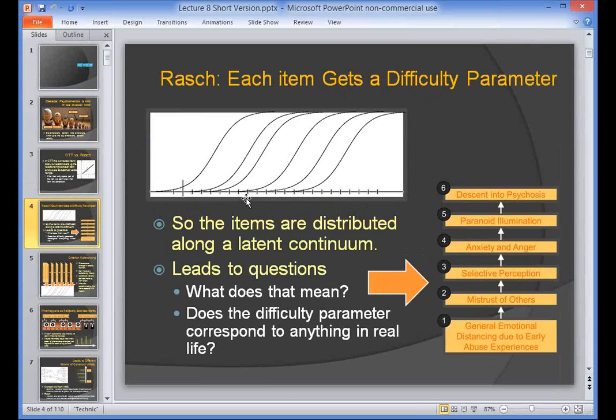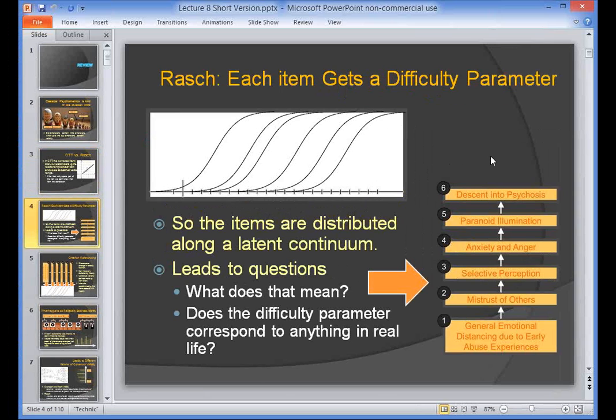And that's different than the Rasch idea. Because in the Rasch idea, in addition to having a point measure correlation, which, as you recall, the item polarity table gives us, each item now gets a difficulty parameter that's associated with it. And the idea of the difficulty parameter is that the difficulty parameter spreads the items along a latent dimension, okay, a latent dimension of ability or a latent dimension of the amount of the trait.